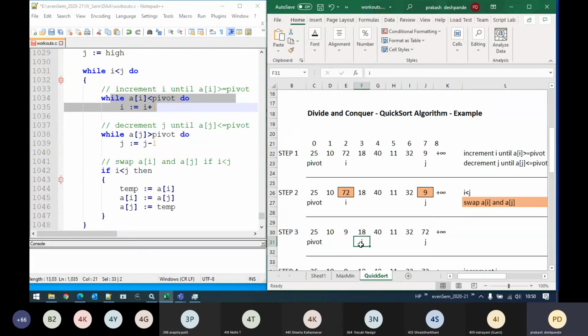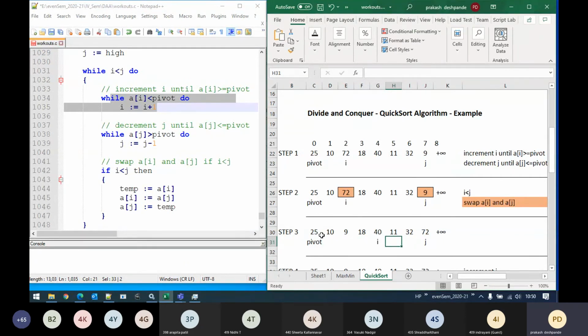Now A of i is 18. Is 18 less than pivot? Yes, so again i is incremented to the next position. Now i came to 40.